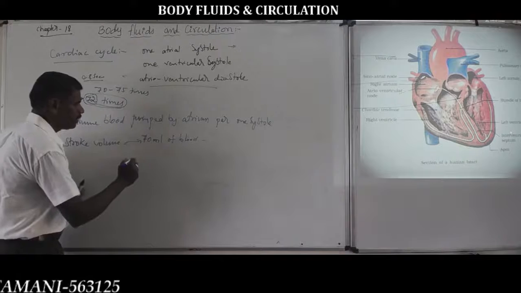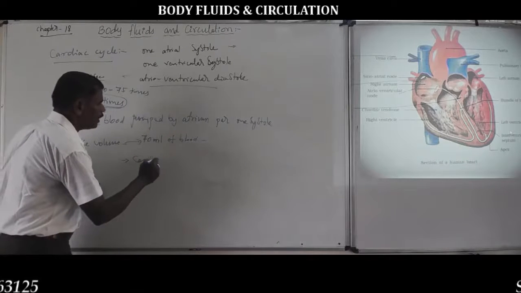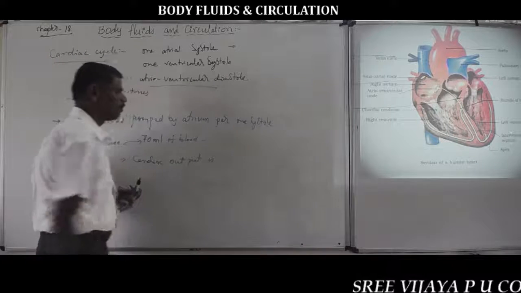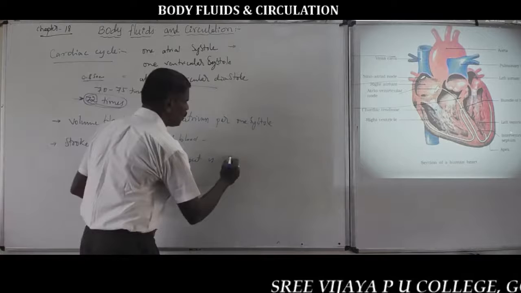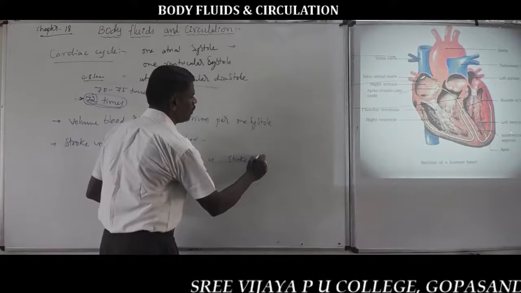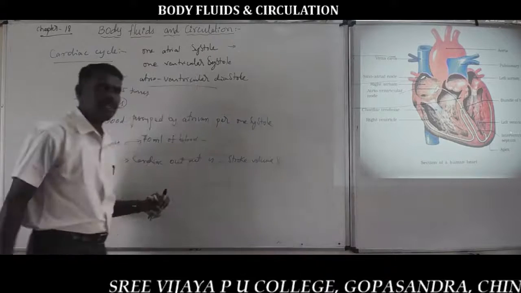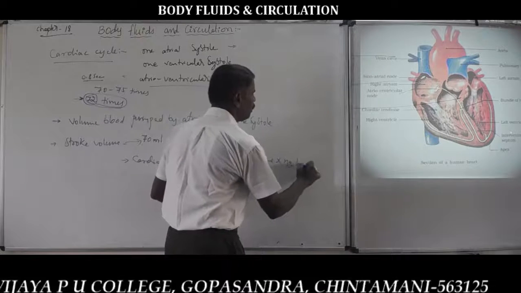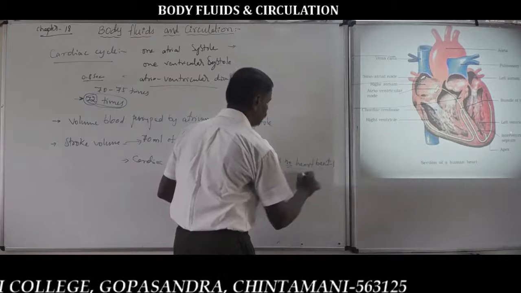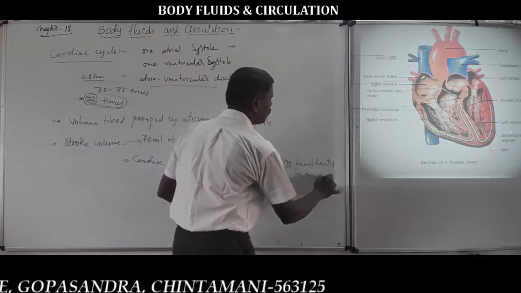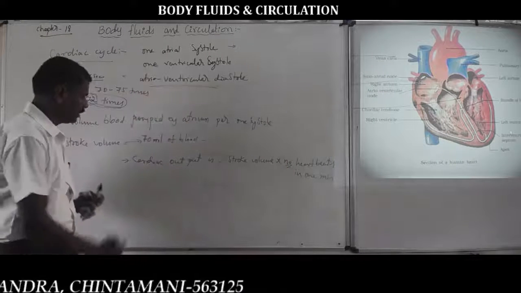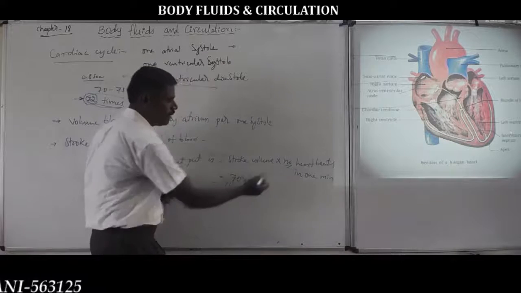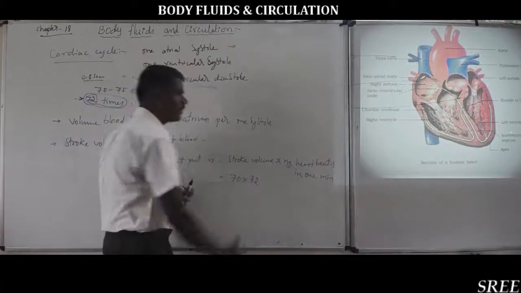Cardiac output is nothing but stroke volume multiplied by the number of heartbeats in 1 minute. So the stroke volume is 70 and the number of heartbeats is usually 72.